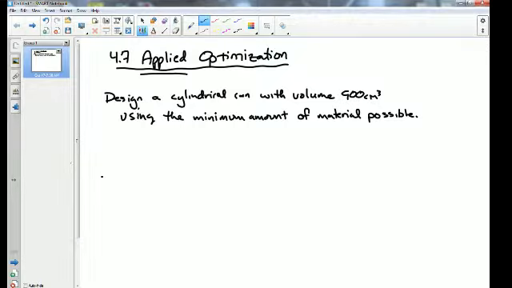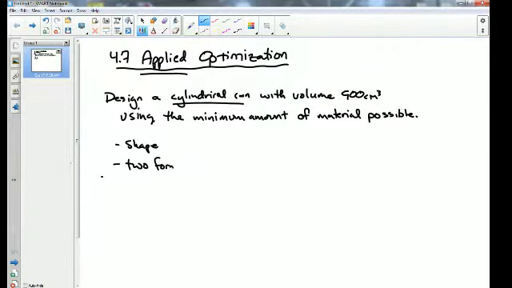The key is to identify the shape. Okay, so we want to identify the shape. And we want to identify the two formulas. Will be proper in our language, two formulae that we're going to use.